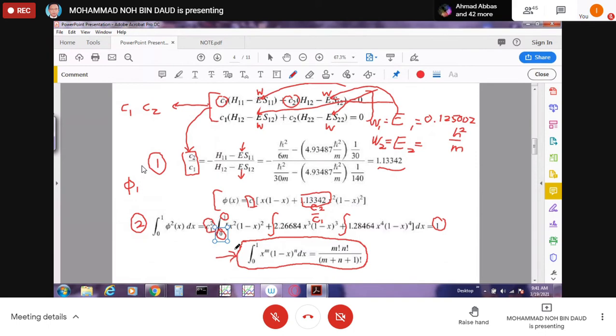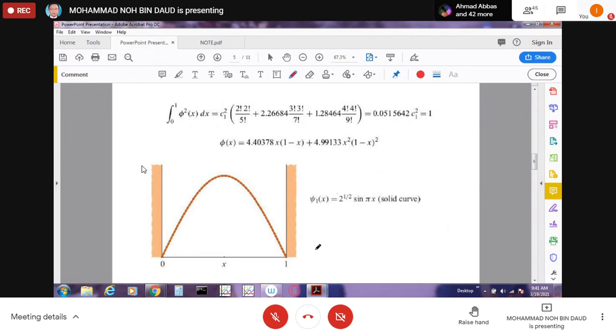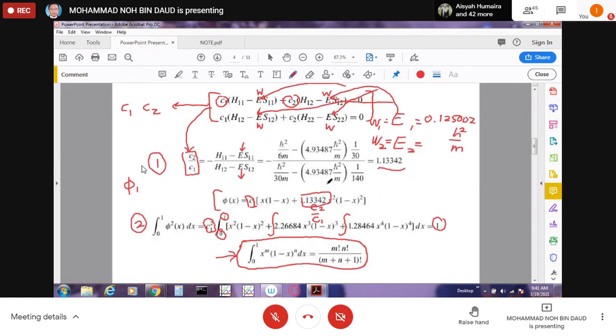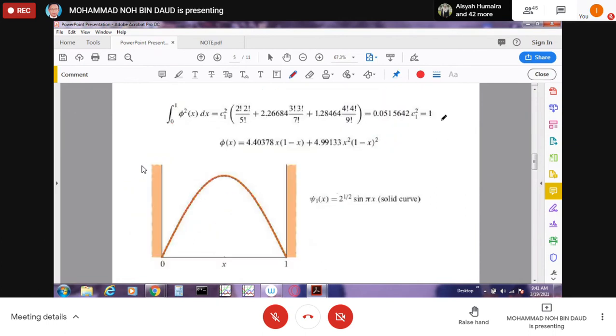Normally in exam, I will use these standard integrals, and then using these, you can find this C. What is this C?